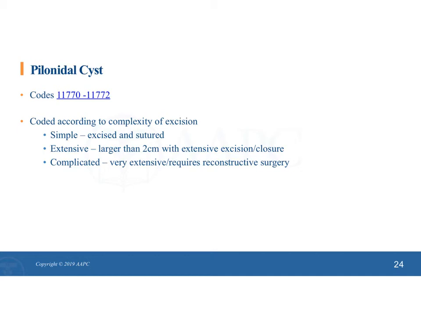A simple cyst would be excised and the wound sutured together. A cyst that's larger than 2 centimeters would require a more extensive excision and closure. A complicated excision is very extensive and usually requires reconstructive surgery.